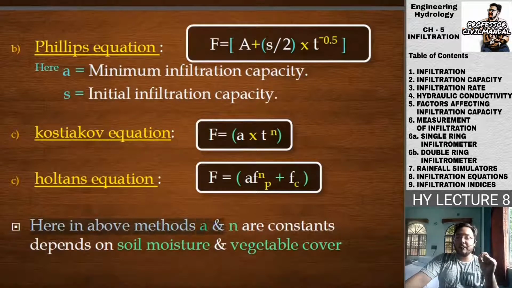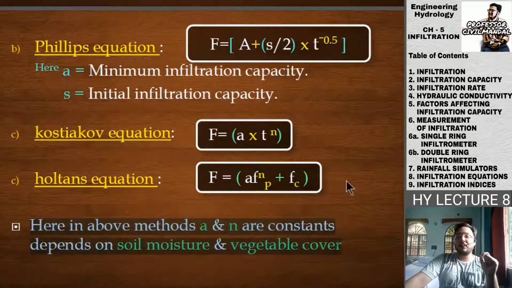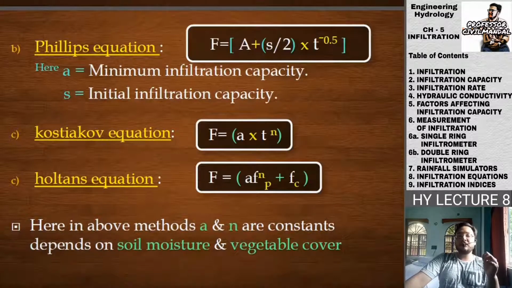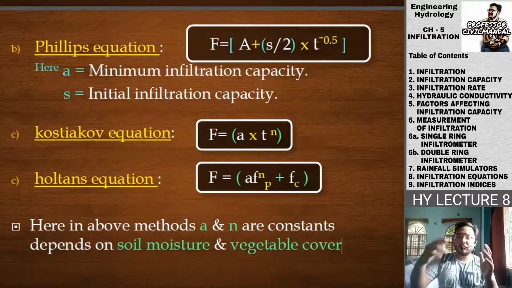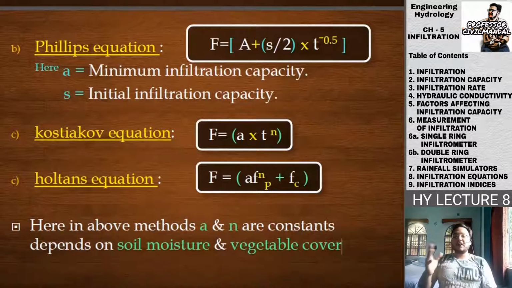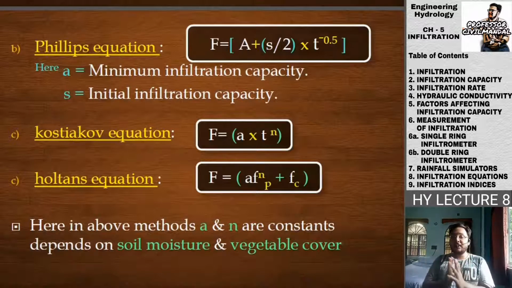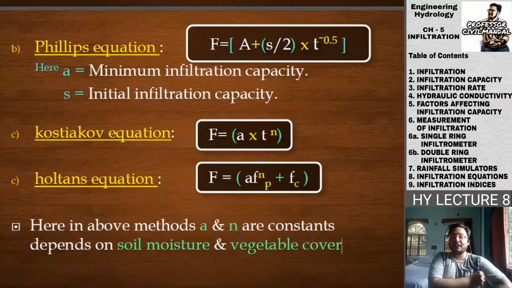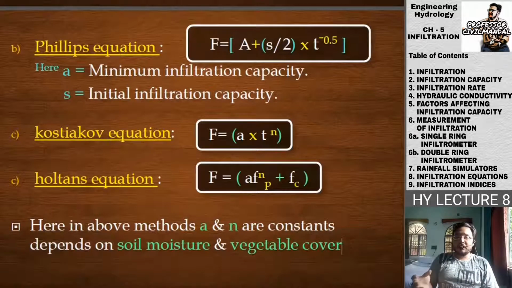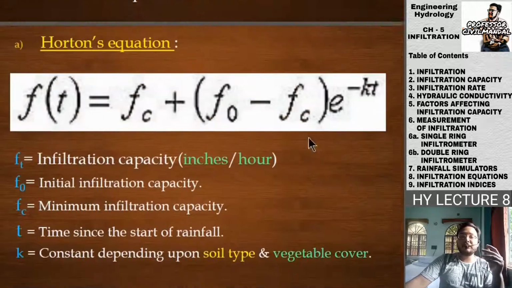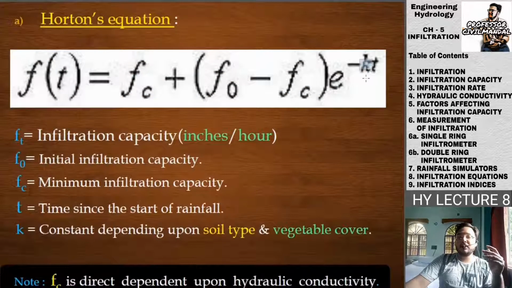So here in the above methods, a and n are constants that depend on the soil moisture and vegetable cover. Kostiakov is not depending upon the minimum infiltration capacity, and he is also not depending on the initial infiltration capacity. Both Kostiakov and Holtan depend on two constants, a and n, and these constants are somewhat similar to the k which we read in Horton's equation.